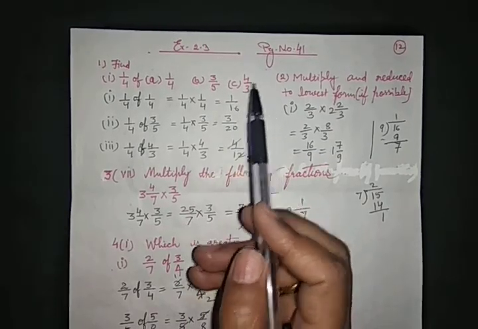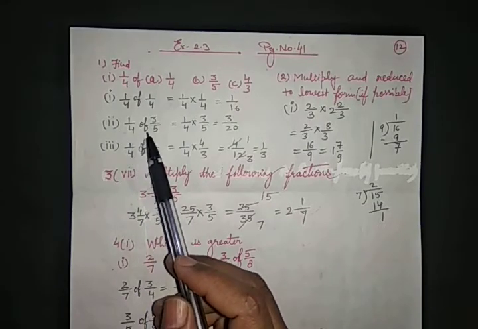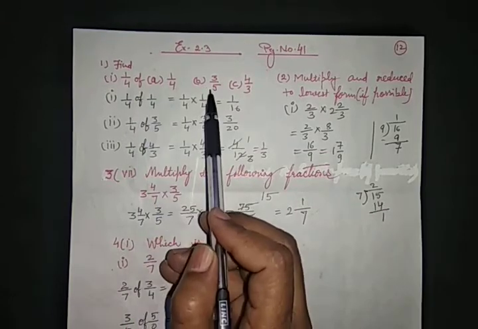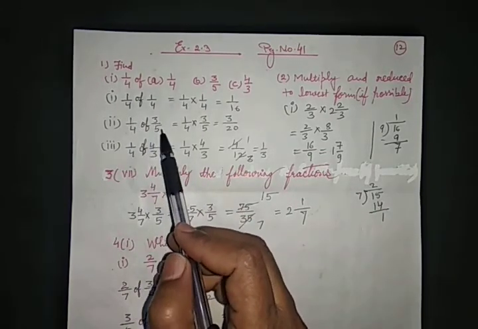Now the second part. In the second part, we have to calculate 1 upon 4 of 3 upon 5.